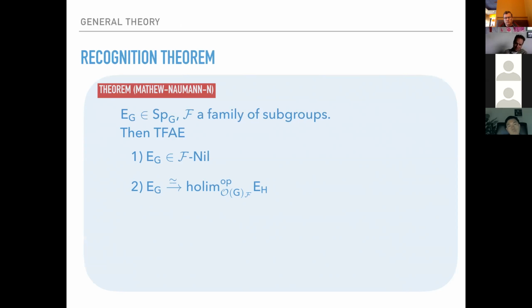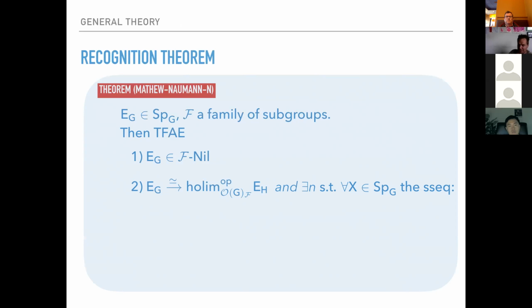So I unfortunately did not define that. E_H is just functions from G/H plus to E_G. That's all it is. That's obviously a functor on this orbit category when H is in F.